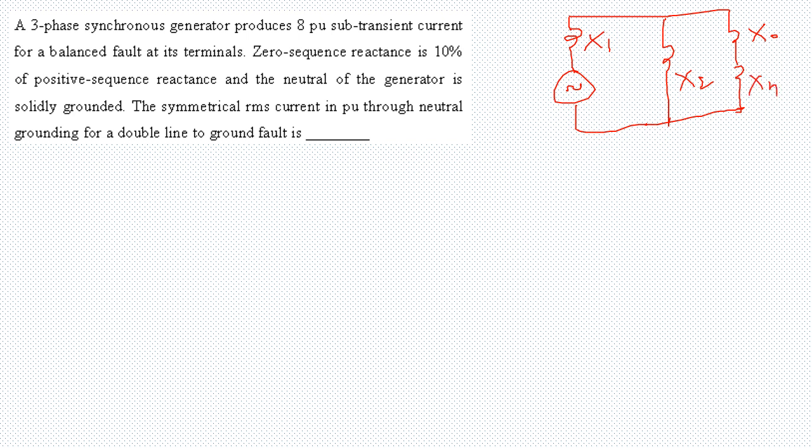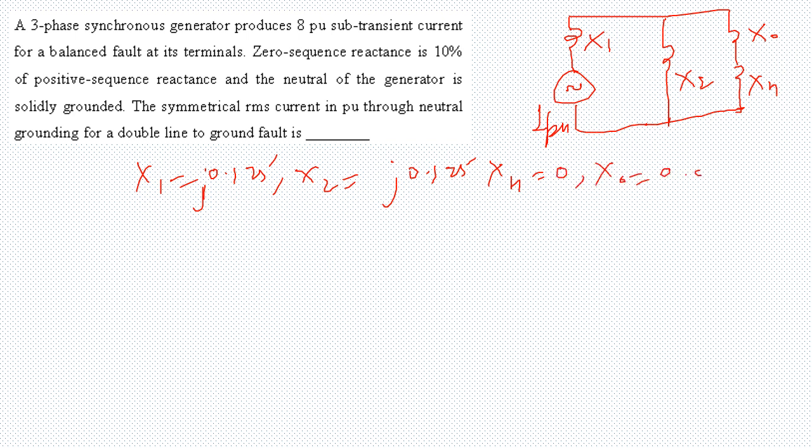Now we have all the information. This is 1 per unit. X1 is j 0.125, and X2 is also j 0.125. Xn is 0, and X0 is j 0.0125.